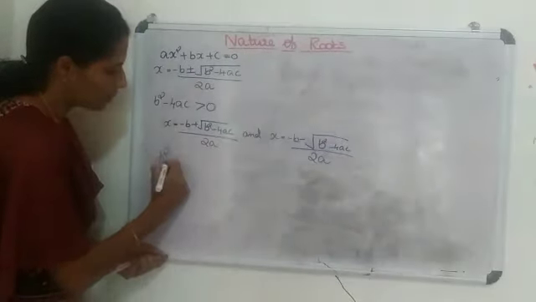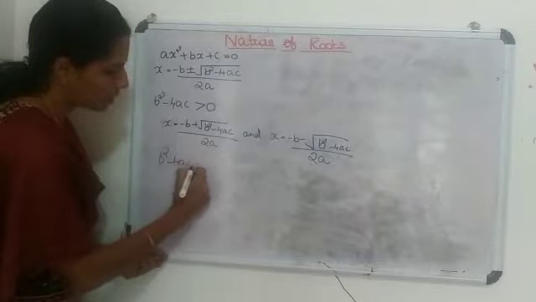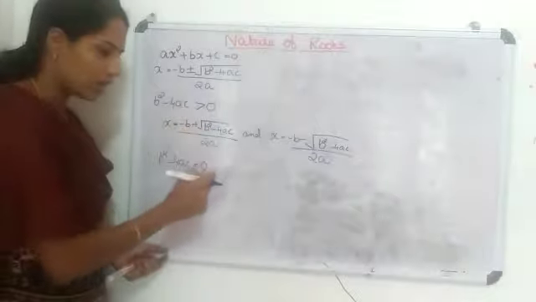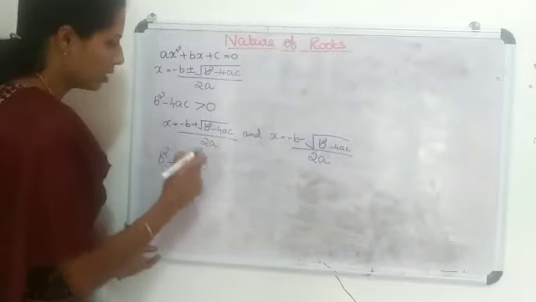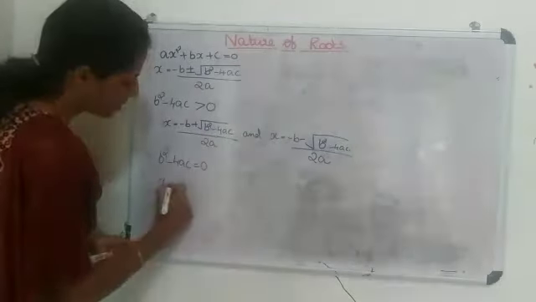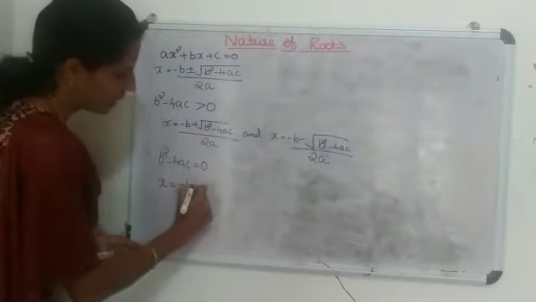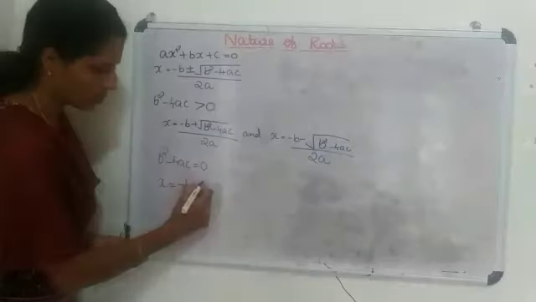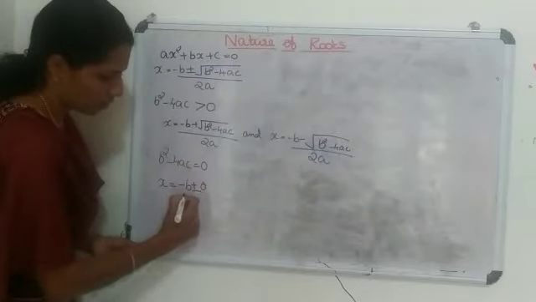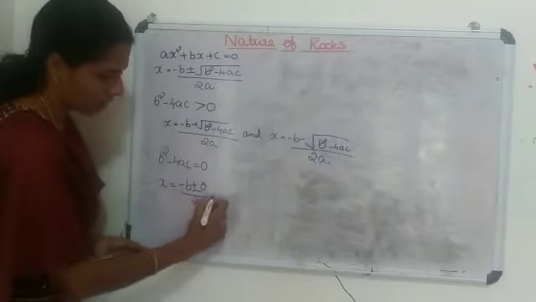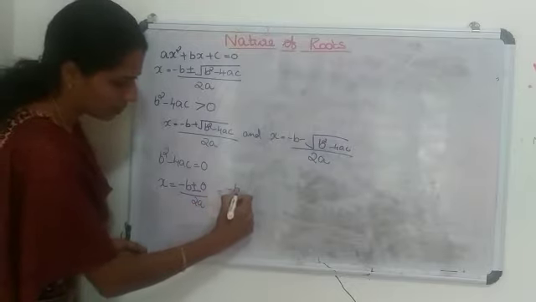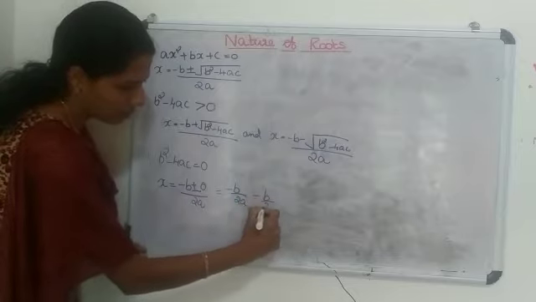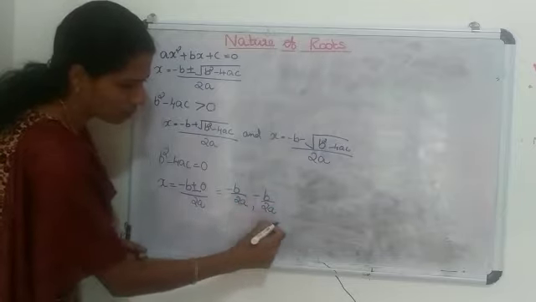Similarly, when b square minus 4ac equal to 0, the result is minus b plus or minus 0 divided by 2a, that is minus b by 2a and minus b by 2a are the two roots.